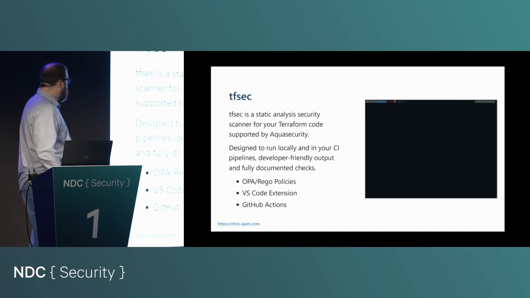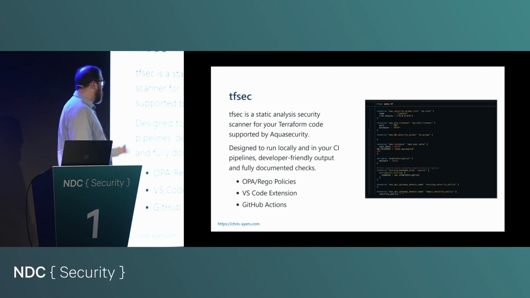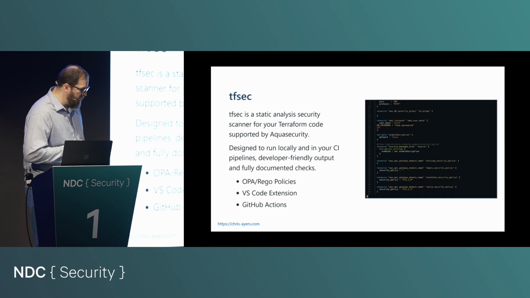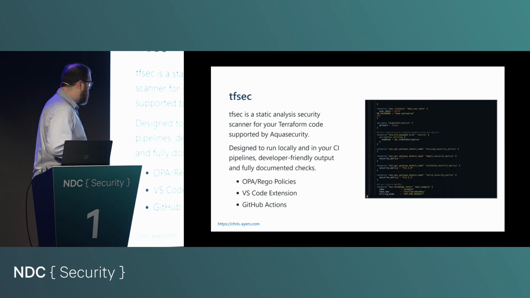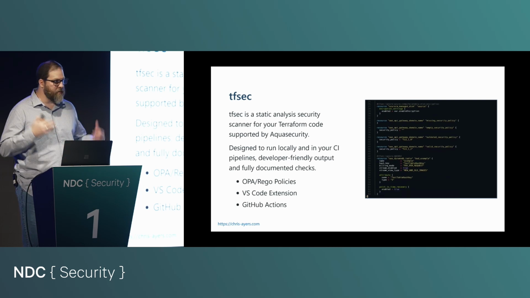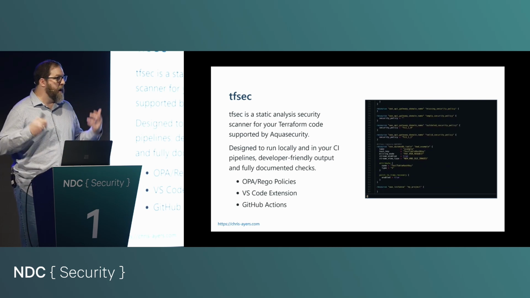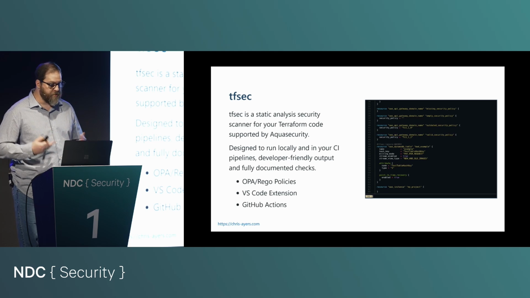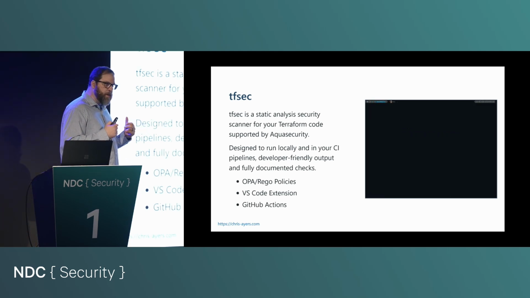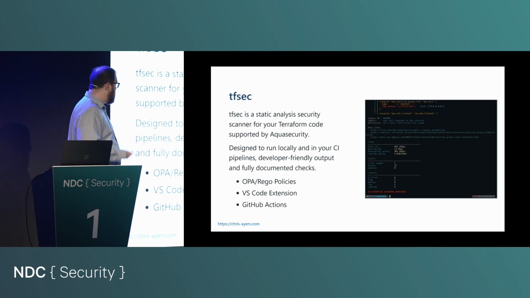So starting with tfsec, like I said, it's a static analysis tool. It does support OPA Rego style policies. They provide a VS Code extension, which I'm going to show you, so that you can integrate it into your editor as you're writing infrastructure as code. It also supports pre-commit hooks, so we can actually stop insecure Terraform from even being checked in.